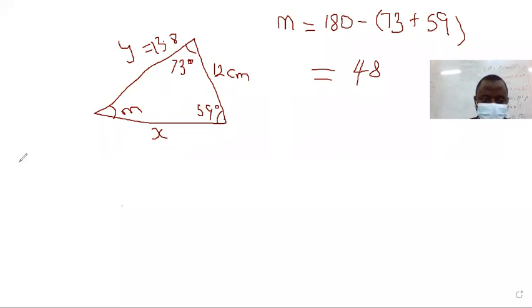So X divided by sine of 73 is equal to 12 centimeters divided by sine 48. I'm sure you know why I picked this now.